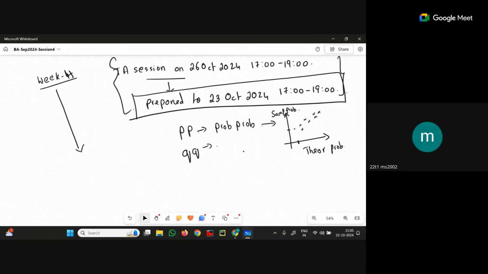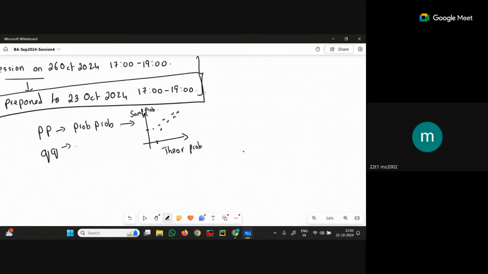So you are given a data of, let's say, you are given a deck of cards. Okay, what is the probability of finding a king? What theoretically in a deck of cards, what is the probability of finding a king? 4 by 52. Right? So this is the probability of a king.